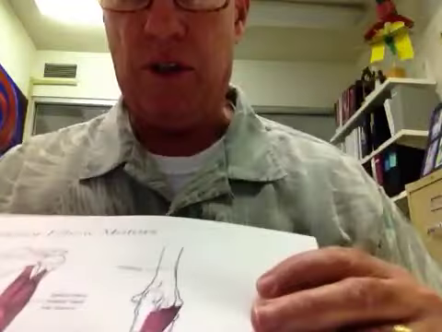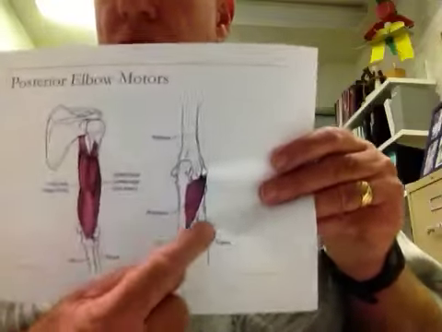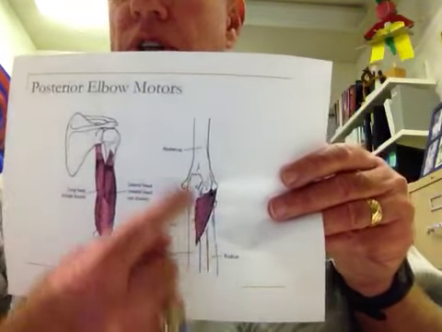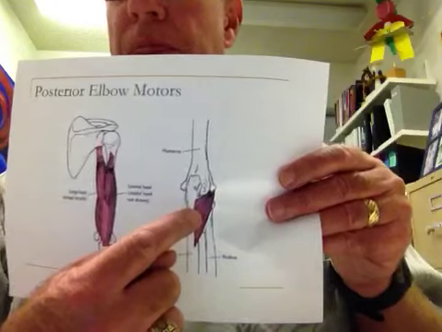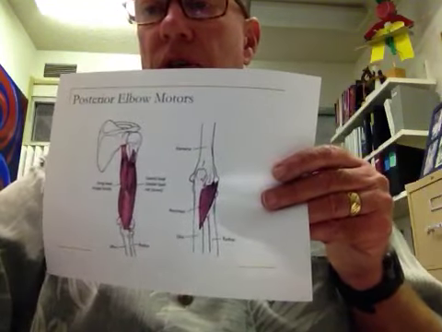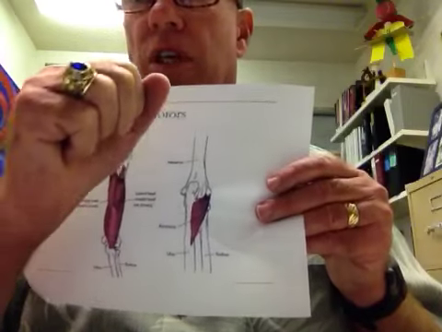The anconeus obviously is a single joint muscle, and it's an extensor. It's synergistic to the triceps at the elbow. So it would be concentrically contributing to extension and be synergistic in controlling the rate and extent of flexion.